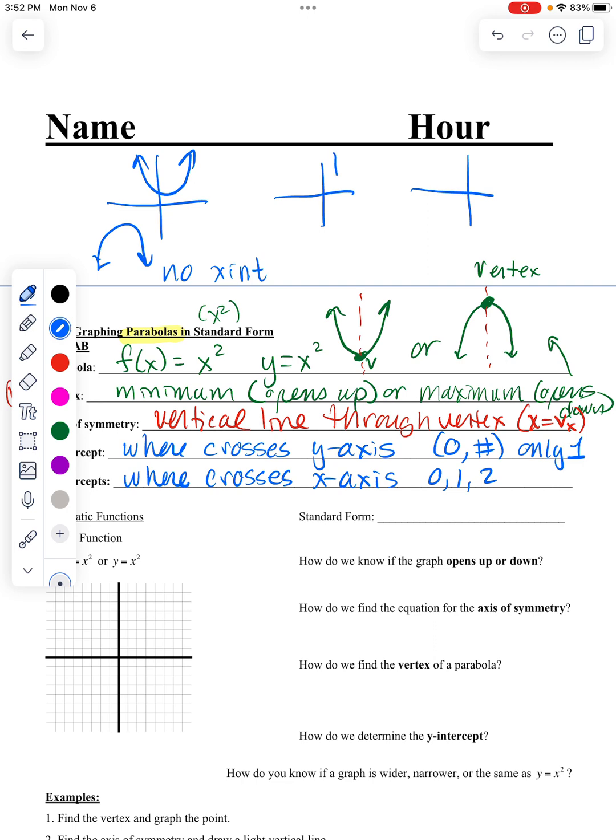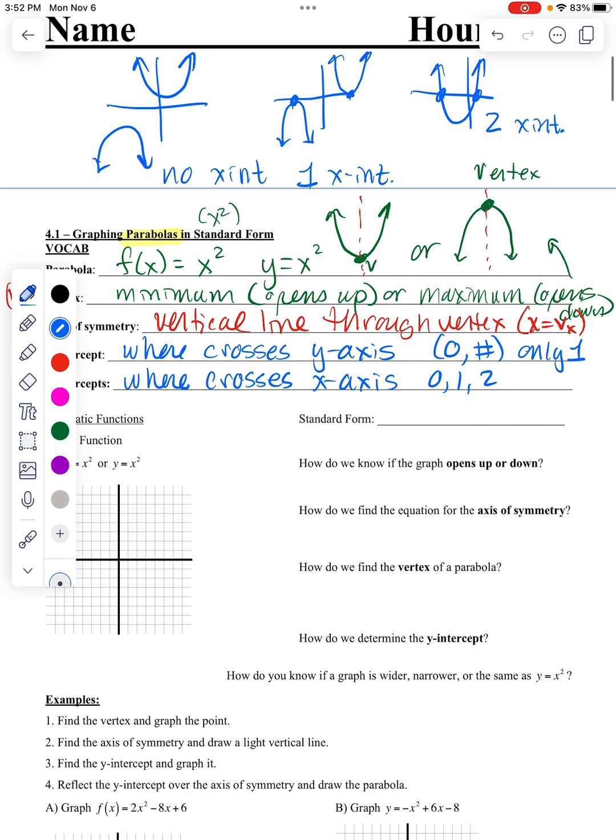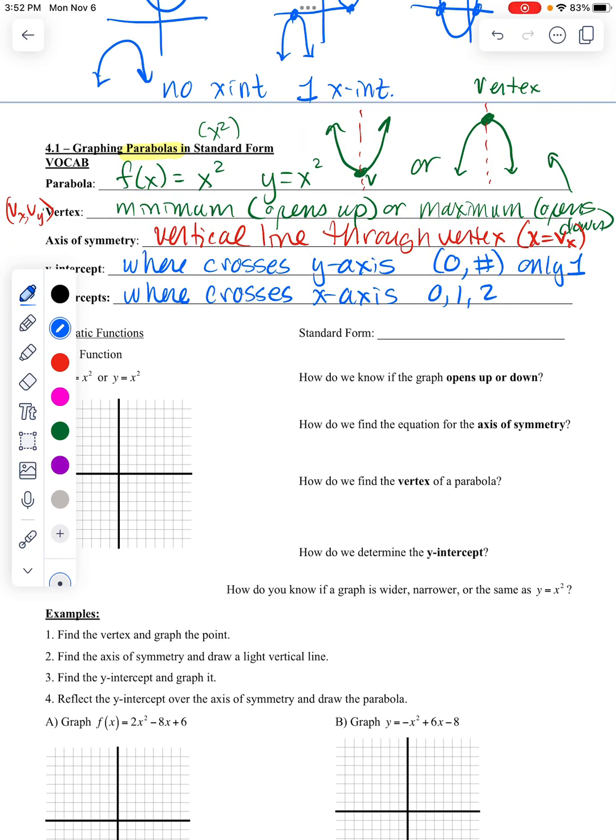I could have a parabola where the vertex is on the x-axis, and that would have one x-intercept. Or, what happens probably the most often, it crosses in two places, and that's when you have two x-intercepts. So there could be 0, 1, or 2, and those are going to be written as a number, and then the y is 0 because you don't go up or down. To be on the x-axis, you have to have a y value of 0.